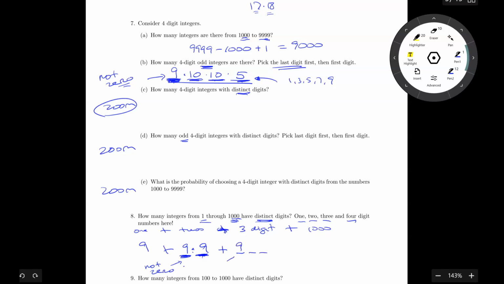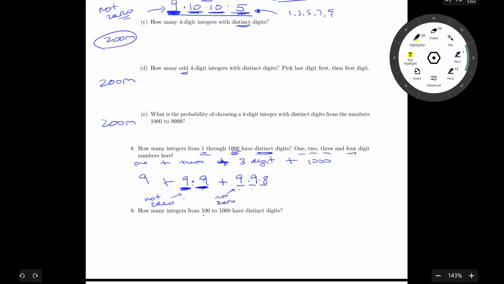Again, I can't have 0, right? Not 0 here. And whatever I chose here, I can't use here, so there's 9 choices there. I've chosen 2 numbers already, so I only have 8 choices for the next one. So there it is. That's how many integers from 1 to 1,000 have distinct digits. And I'm going to let you do this one.